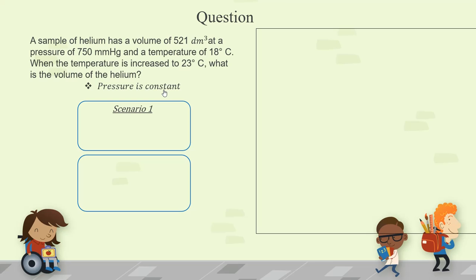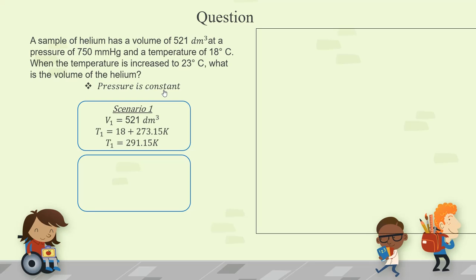When the temperature is increased to 23 degrees Celsius, what is the volume of the helium? Now let us see. So we have two scenarios. One in which the temperature of the gas was at 18 degrees Celsius and another where it has risen to 23 degrees Celsius. We want to actually find the volume at the new temperature.